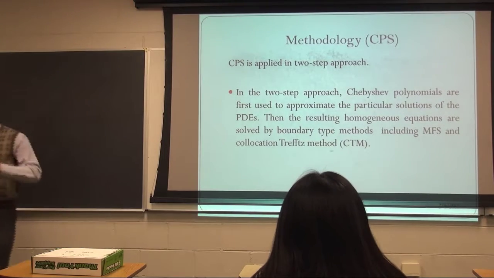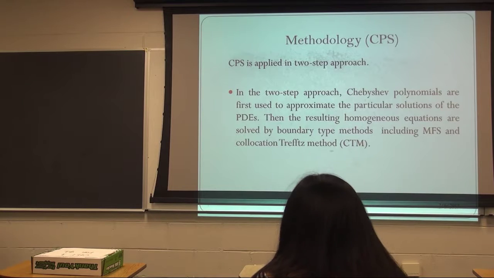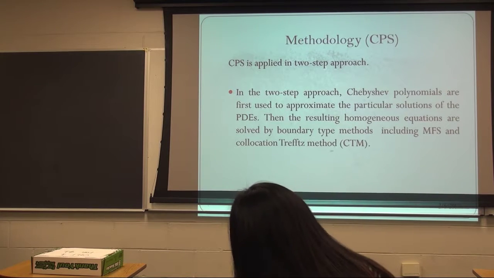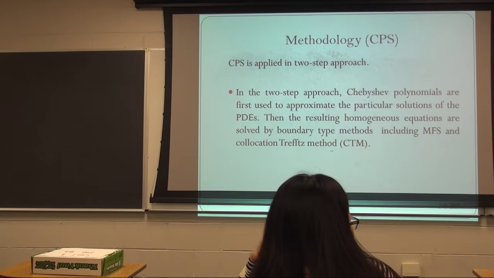So in the two-step approach, Chebyshev polynomials are first used to approximate the particular solution of the PDE. Because that is the important part, because we don't know the analytical solution. Then the resulting homogeneous equations are solved by boundary type methods.